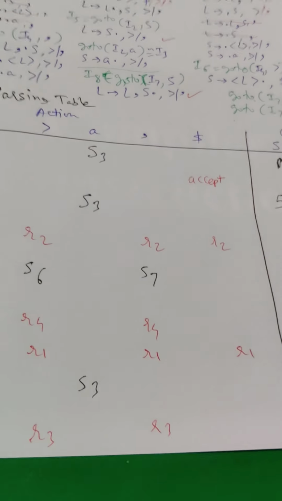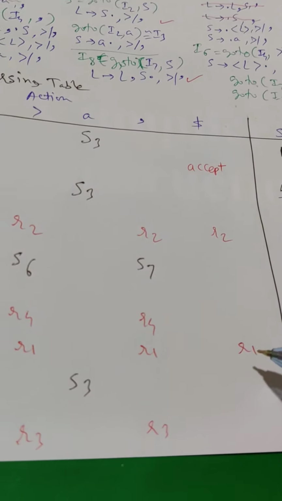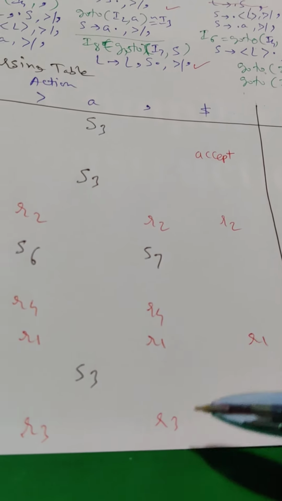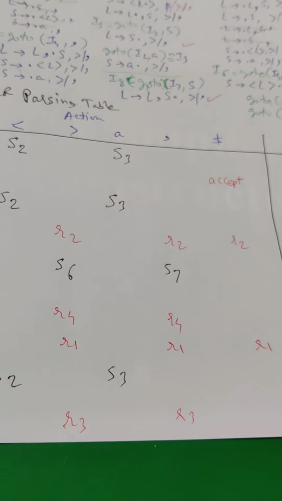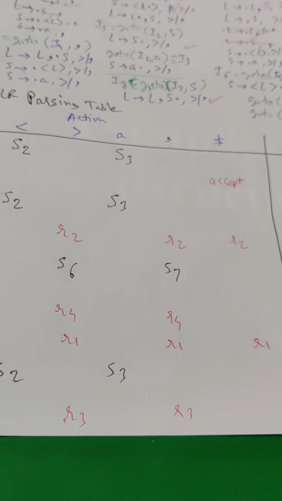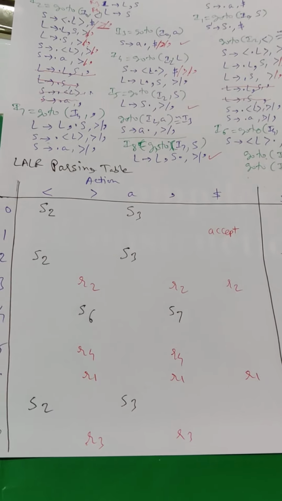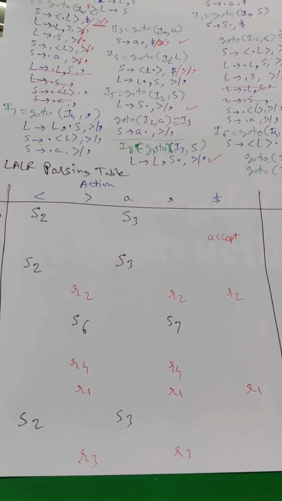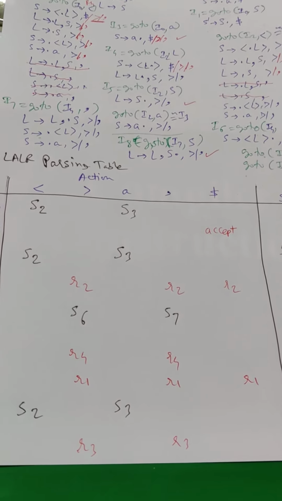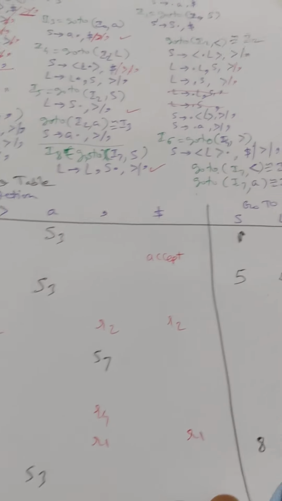R0 is finishing at I1, R1 is finishing here, R2 is finishing here, R3 is finishing here, R4 is finishing here. So all rules are finishing somewhere. So we got these shift and goto entries and reduce entries, you can check. We are not getting any conflict anywhere, neither reduce-reduce conflict nor shift-reduce conflict. As we get all unique entries, the given grammar is LALR(1). So we can write here it's LALR(1). Okay, that's our answer. It was a complicated solution.